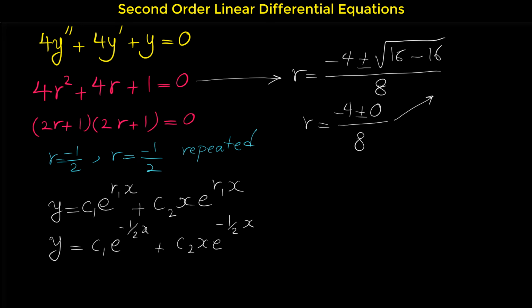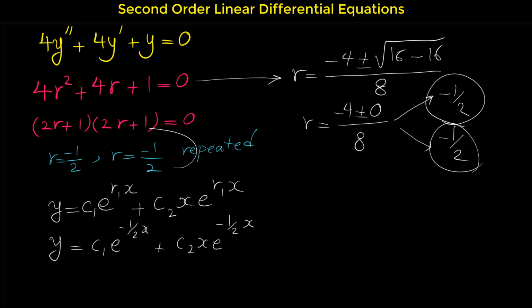Negative 4 plus 0 over 8 is negative 1/2. Negative 4 minus 0 over 8 is again negative 1/2. As you see, we have repeated roots as here. So it's up to you whether you prefer to factor or use the quadratic formula for this equation.